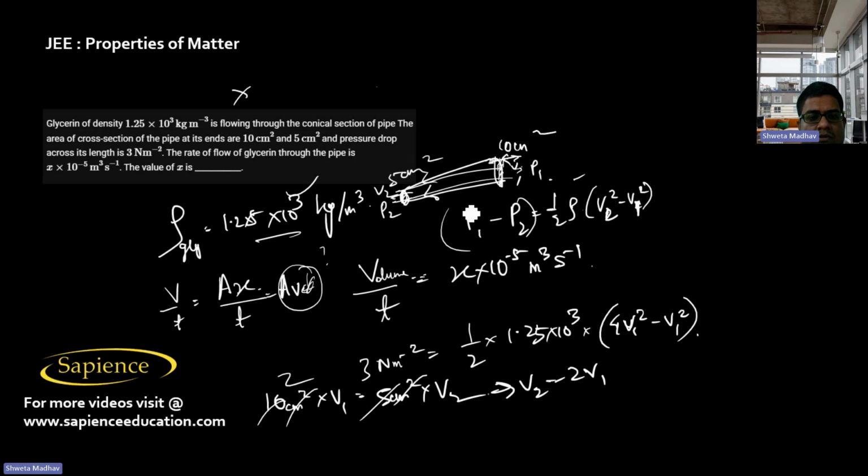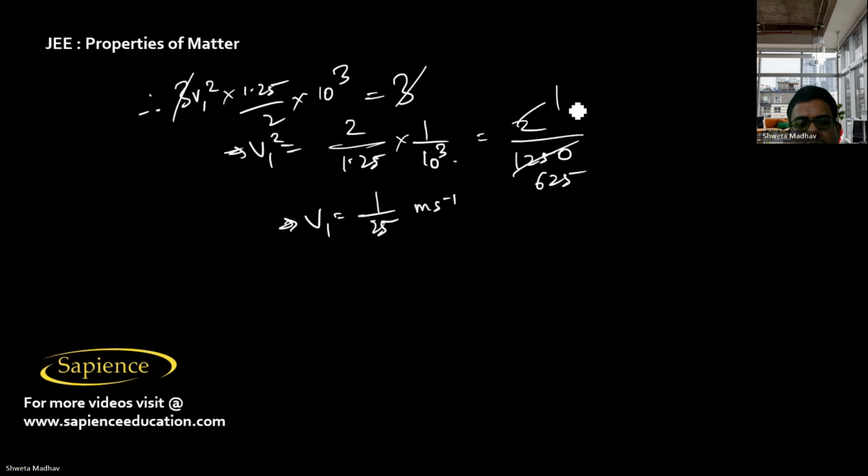So therefore the rate of flow of the glycerin through the pipe is A1 into V1.